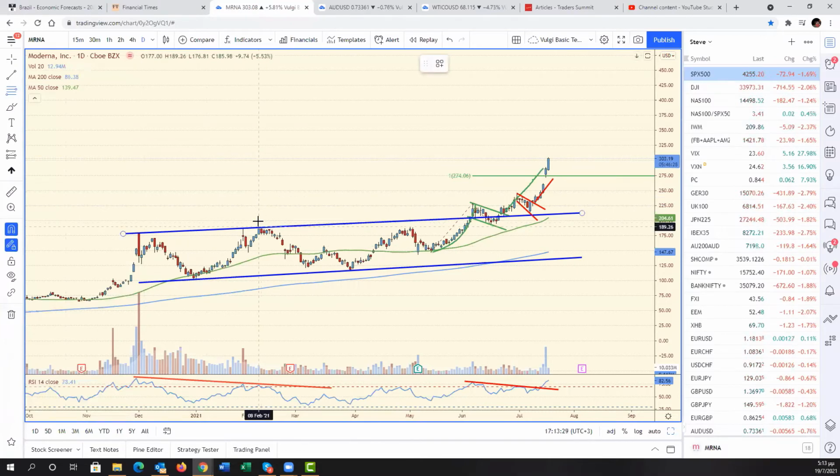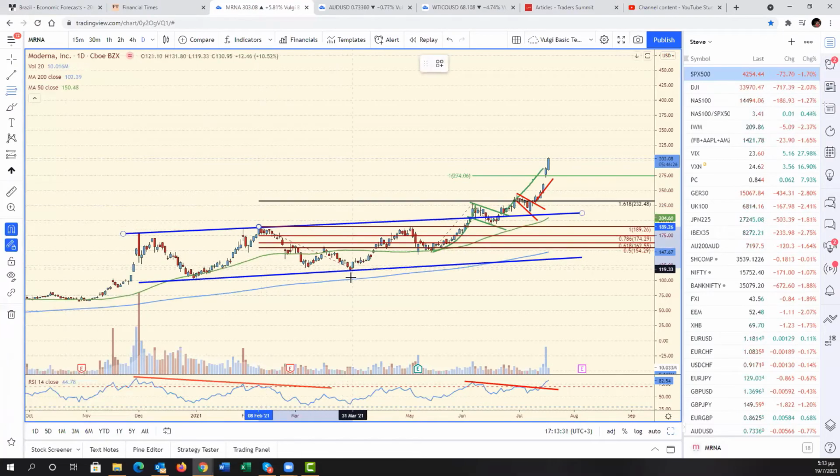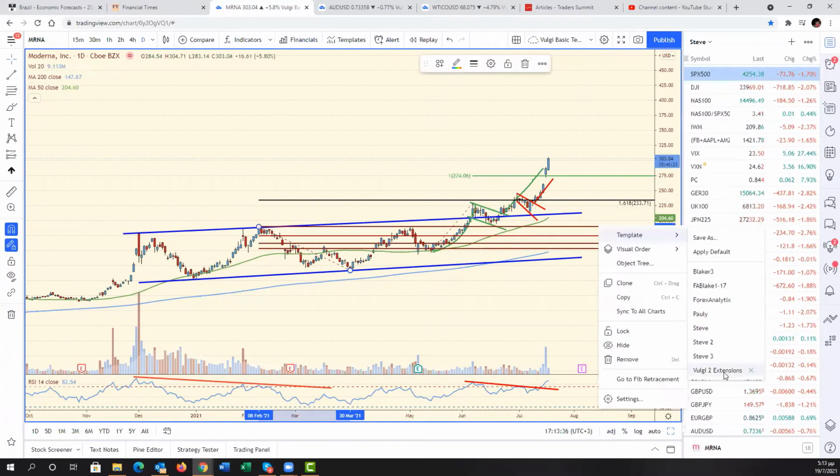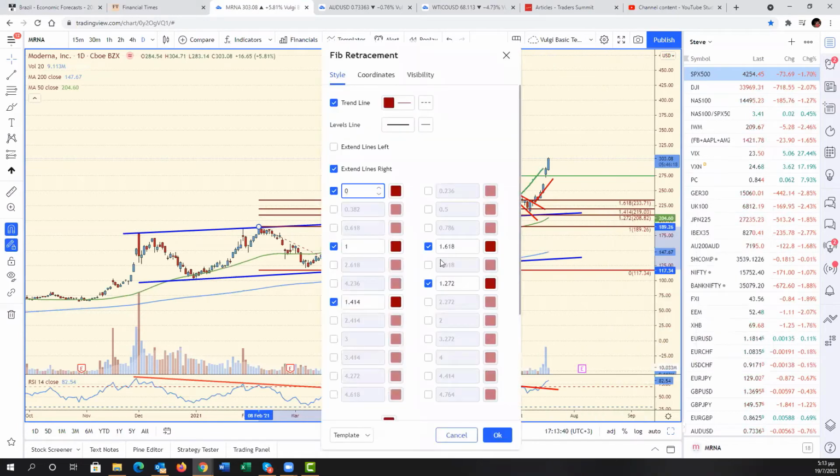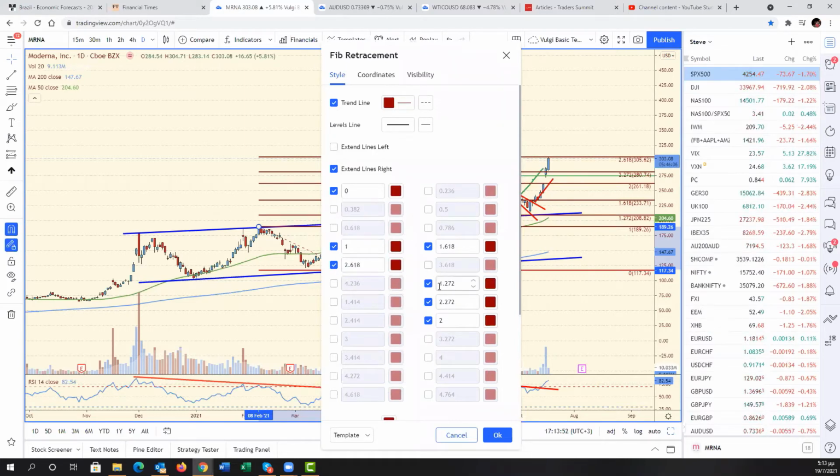It's a little bit of practice in vain in this case because the last somewhat proper pullback was some significant time ago. So we have to start looking for some stupidly high extensions, right? And usually this is not something I favor.